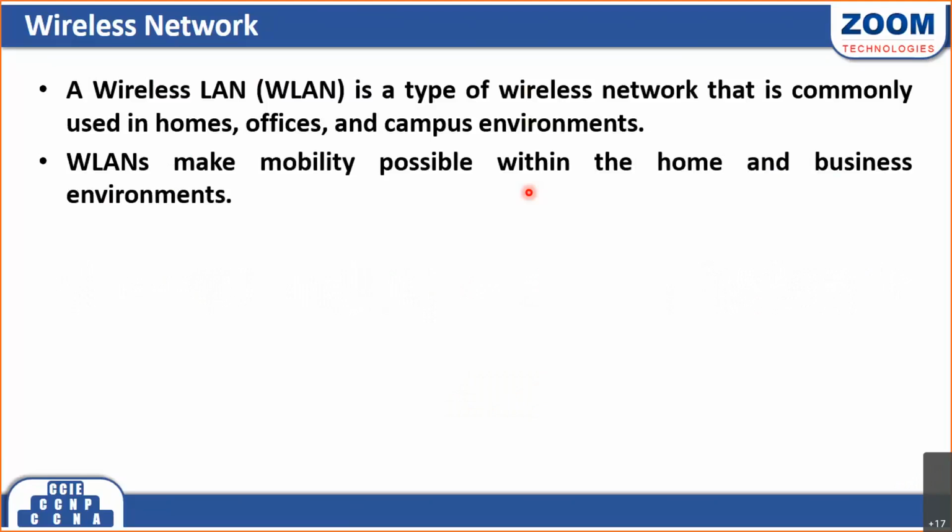Wireless makes mobility possible in home and business environments. The major advantage of wireless network is better mobility, because we can easily move from anywhere, flexibility is more, so more mobility is there.